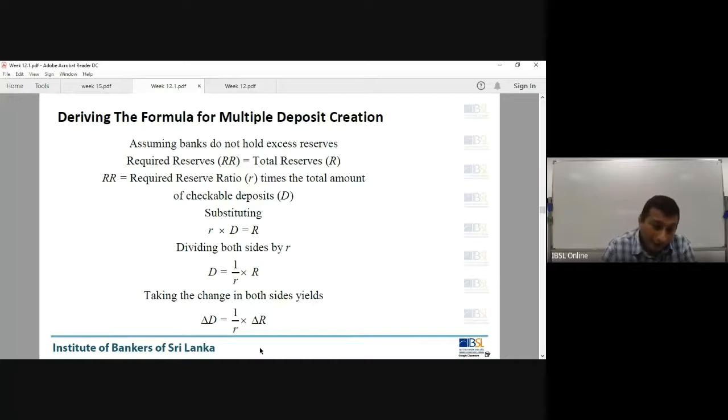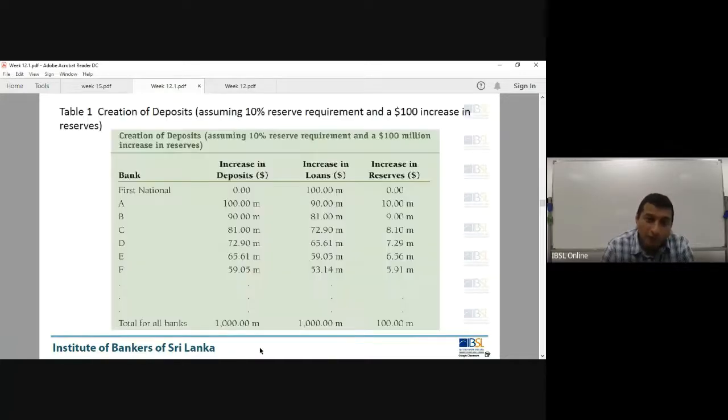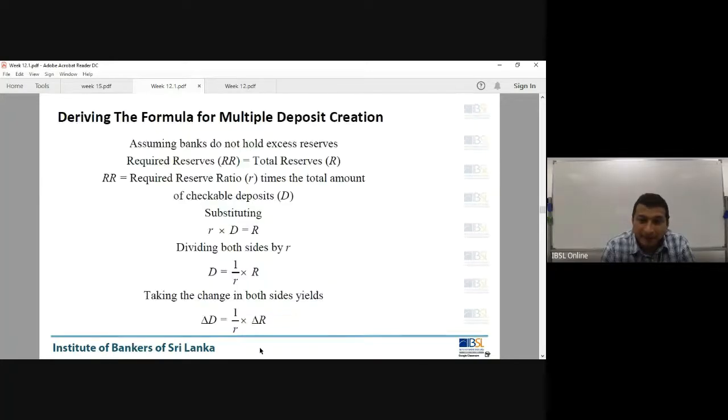You have seen that in the table in the previous one, right? So 1 over 10 times the change in reserves equals the change in deposits.